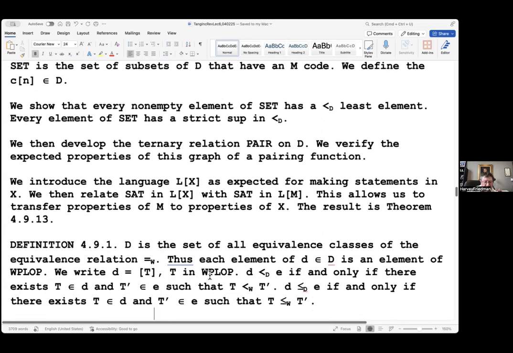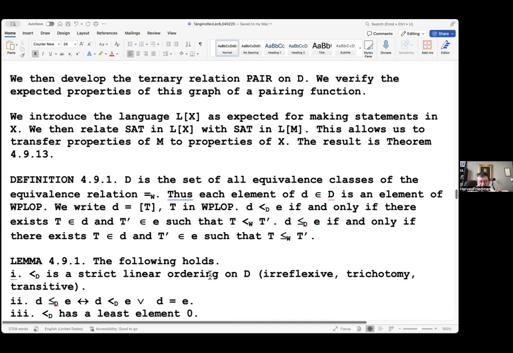D is the set of all equivalence classes of the equivalence relation equals W. So we have the well-founded gadgets, W plops, these suitably well-founded gadgets, and we have the notion of isomorphism between them.